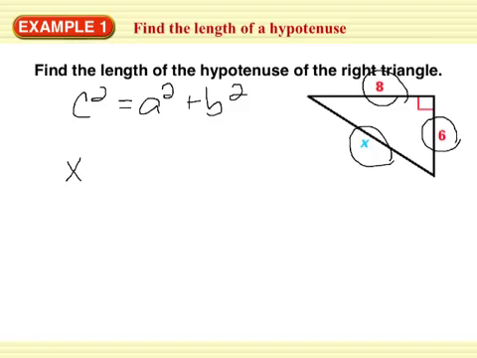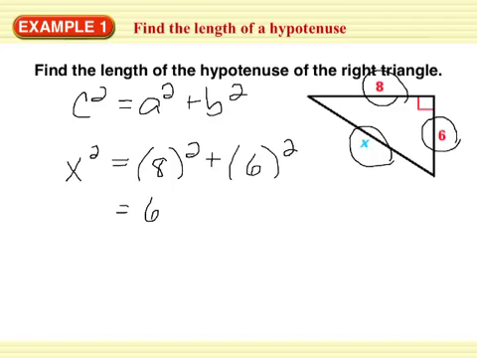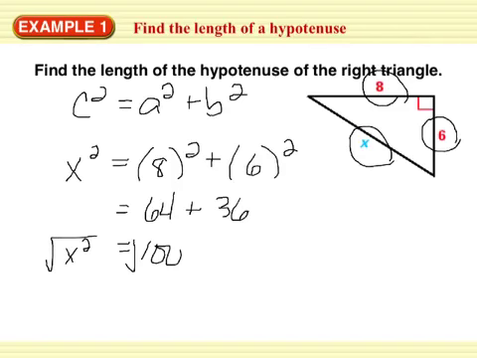So C is X. X squared equals 8 squared plus 6 squared. 8 times 8 is 64. 6 times 6 is 36. X squared equals 100. Take the square root of both sides. You have a handy button on your calculator for this. X equals 10.